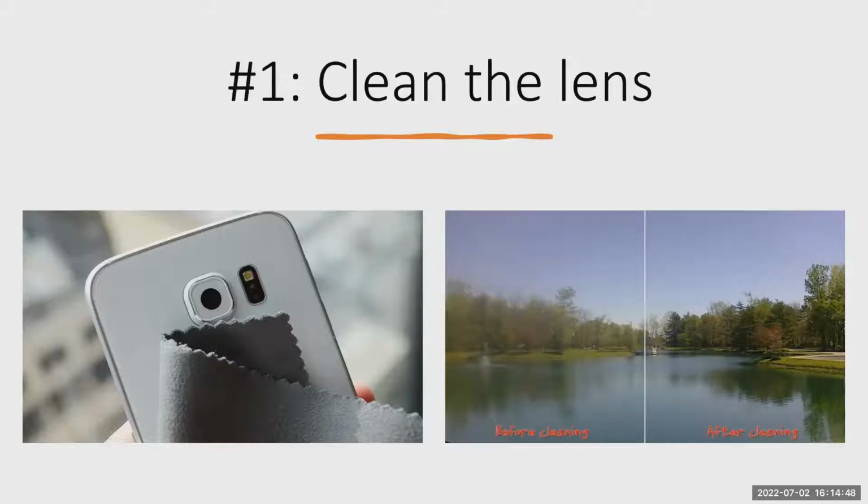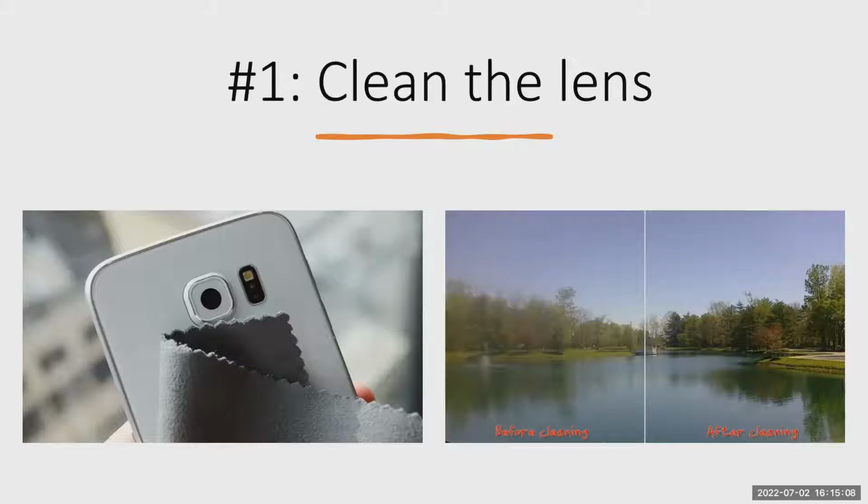The reason is that a lot of times we handle the smartphone with our hands, and the lens element sometimes gets smudged because we take it in and out of our pockets.